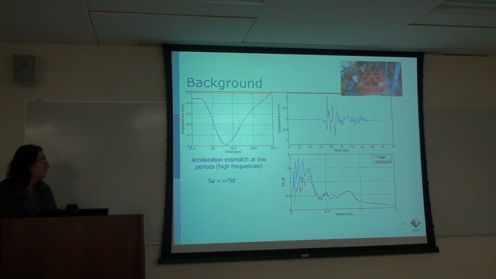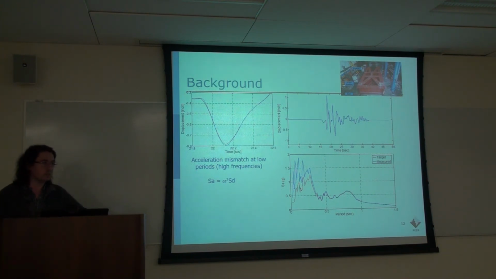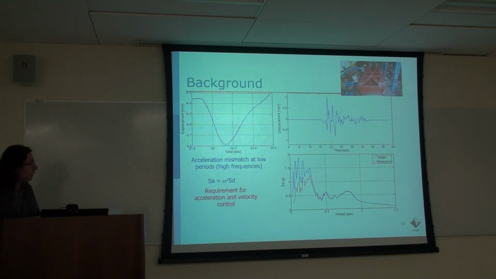So for high frequencies, any error in the displacement gets amplified through the frequency, and we have large error on the spectral acceleration. So basically this shows that controlling only displacement is not sufficient in the case of a real-time hybrid simulation on a shake table, where you need to also control the acceleration accurately.